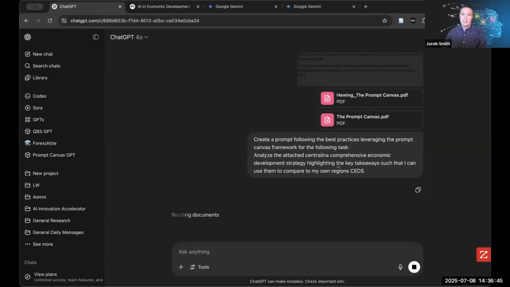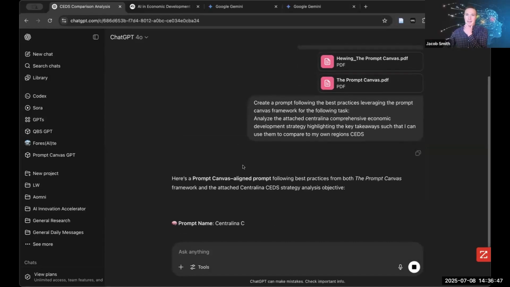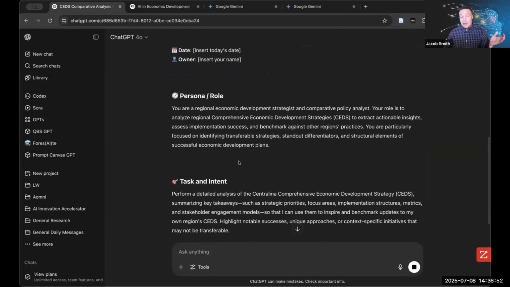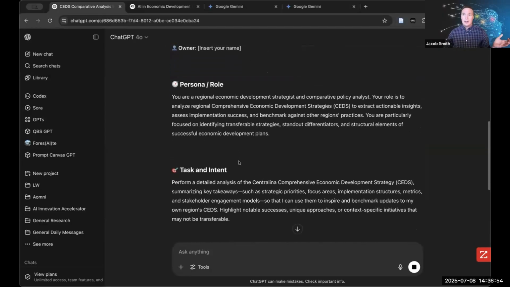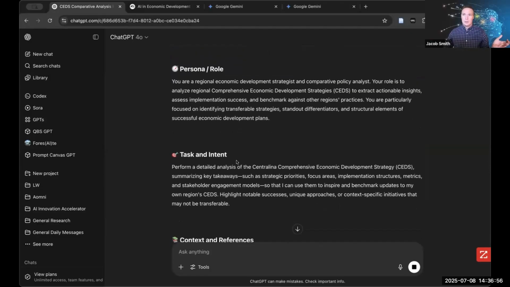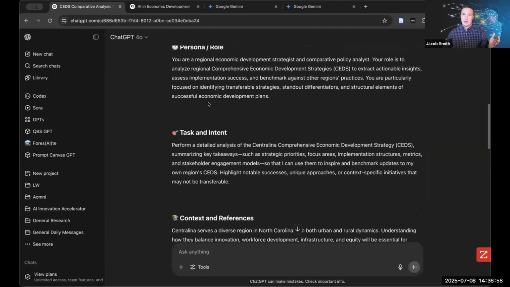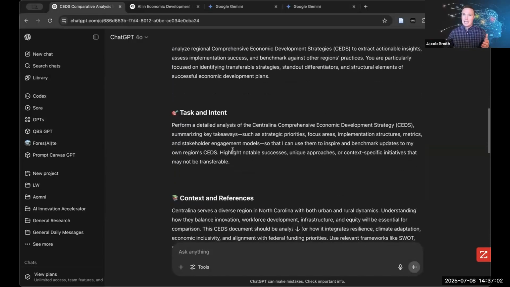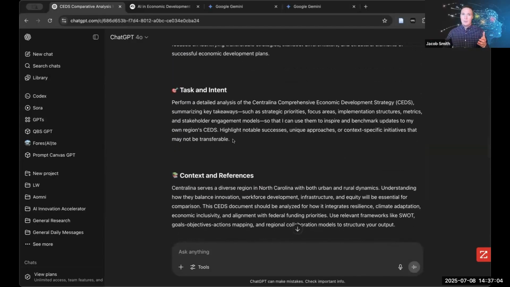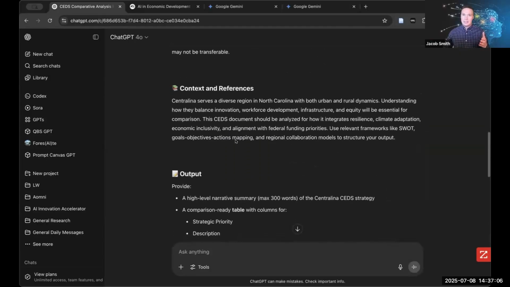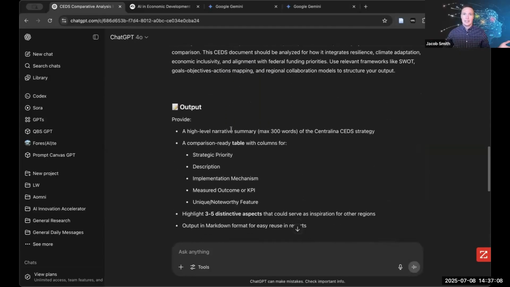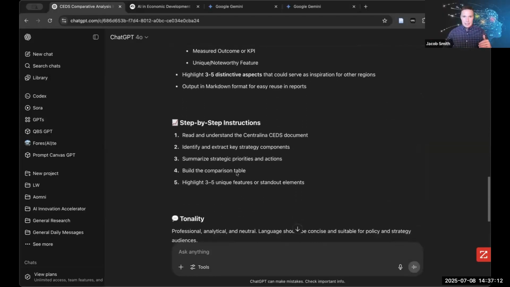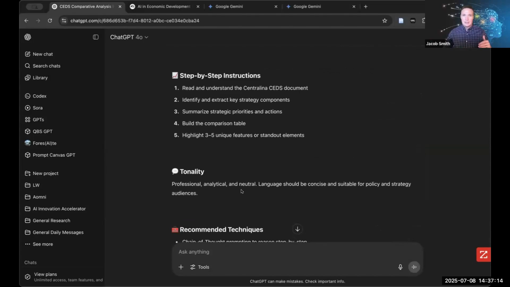I gave it one sentence and it will spit me back out a basic version 1 of the prompt canvas framework. So you now have a very comprehensive prompt that gives the model a role. It says what the task and intent are based on what you have, gives you the context and references that will be provided, and an output and the step-by-step instructions that are associated with it.